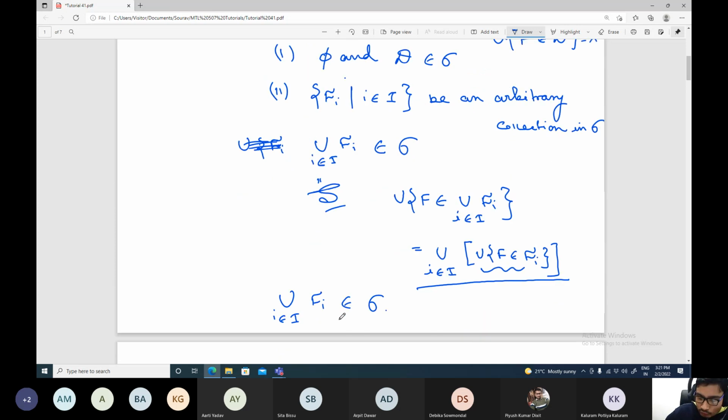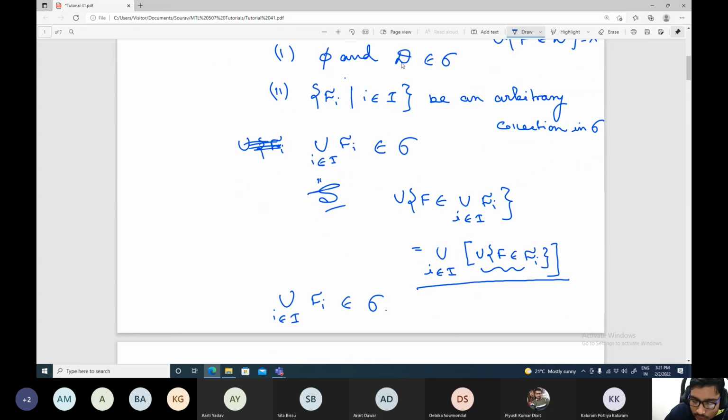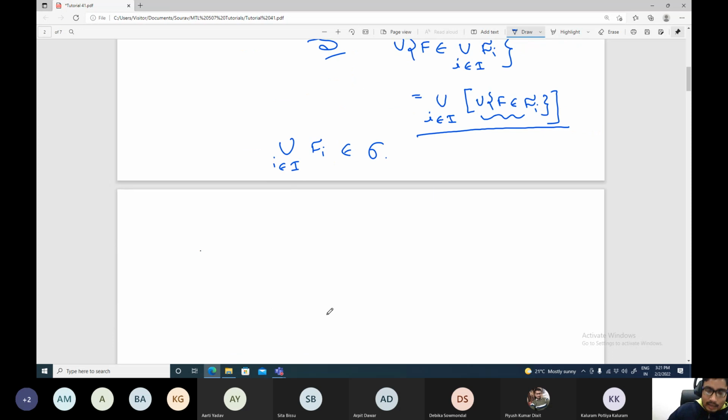Now the third one. So far we have used the term that there is a partition here to prove that this could be in sigma, but now we need that argument to prove the finite intersection. For the finite intersection, it is enough to take two elements.